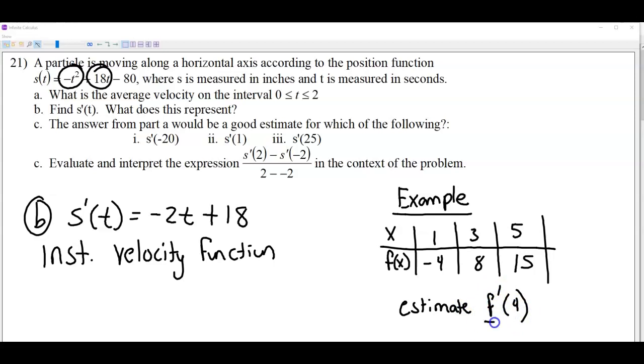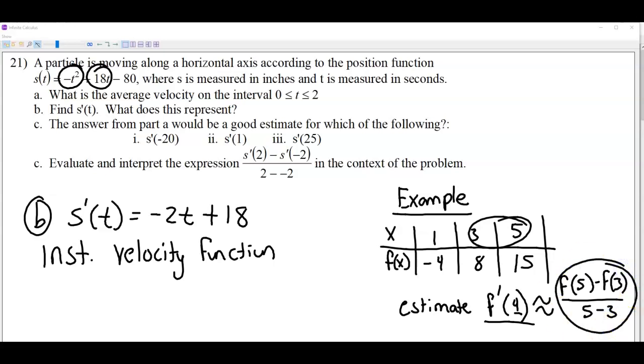Well, this is an instantaneous rate of change, but we can't do that from a table, but we can estimate an instantaneous rate of change by doing an average rate of change with the two values that are closest to the number they give us. They give us 4. The two numbers that are closest to that are 5 and 3. So we could do an average velocity on this interval to give me an estimate of 4.